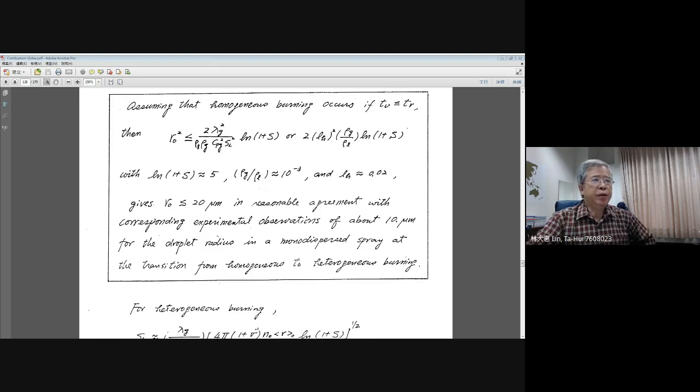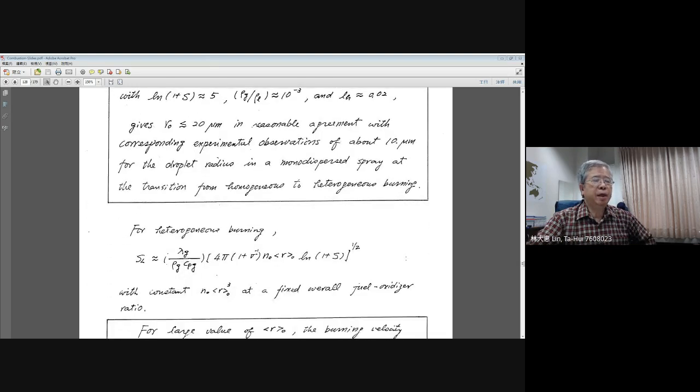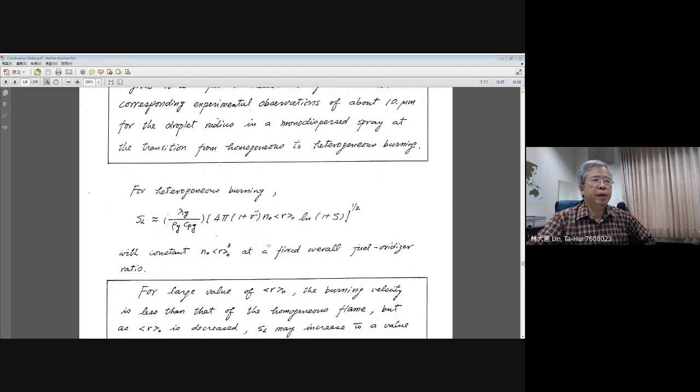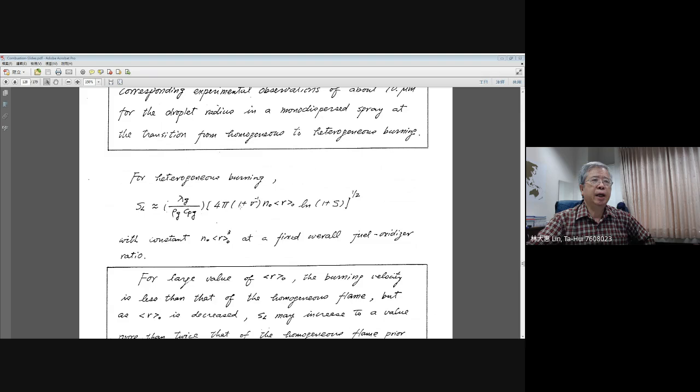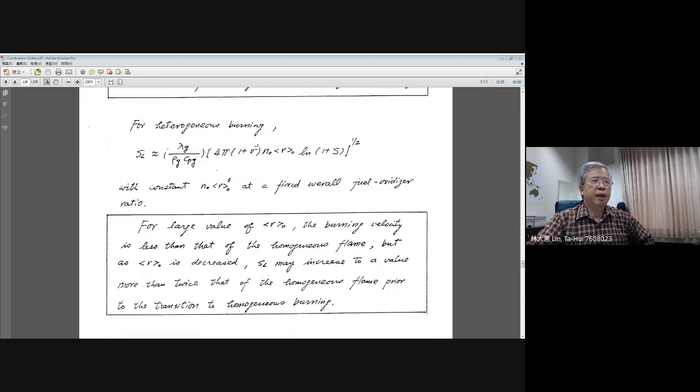Okay, and actually they try to estimate the flame speed for heterogeneous burning, to be compared with the flame speed for homogeneous burning that we already described in the section on premixed burning. Okay, and then you can figure out there is a dependence on the droplet number and also the droplet radius here, N naught and R naught.